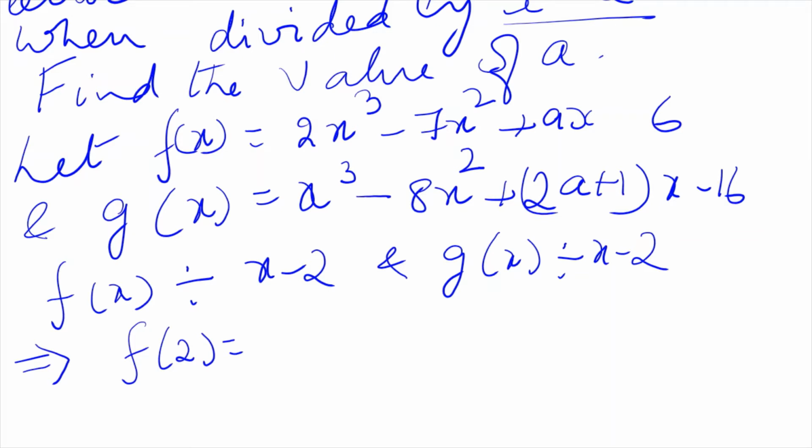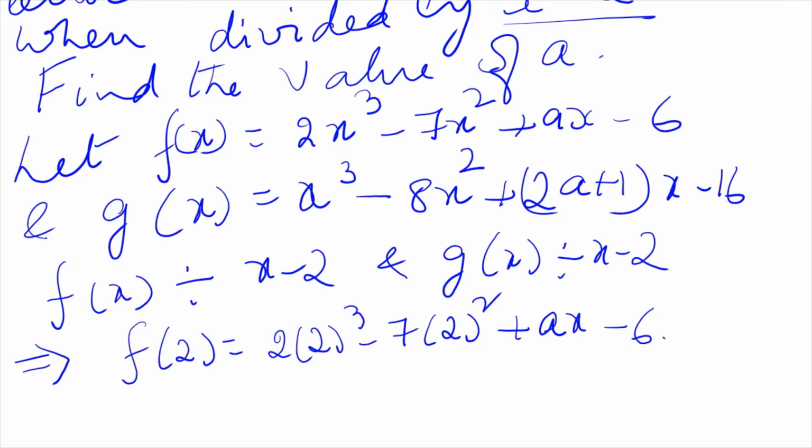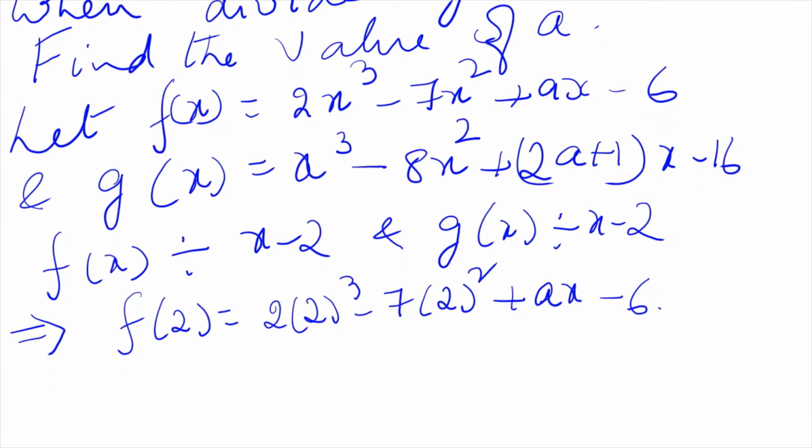So let us find out. f of 2 is equal to 2 into 2 cube minus 7 into 2 square plus a x minus 6. This x also will become 2.